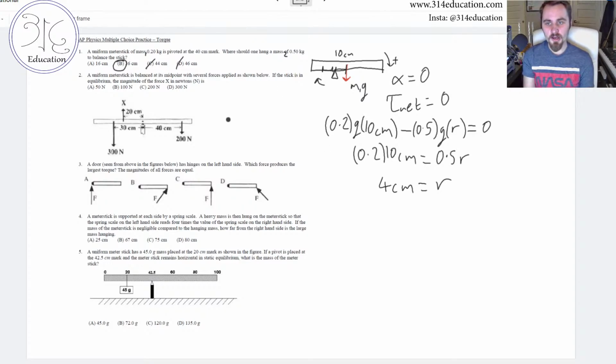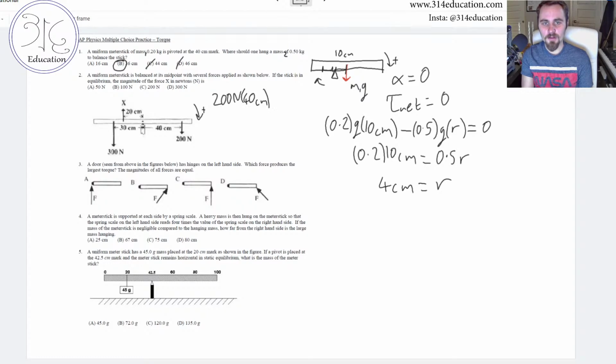And so we expect our net torques to equal 0, but in this case, let's define clockwise as positive again. And so we have a positive 200 newtons at 40 centimeters.